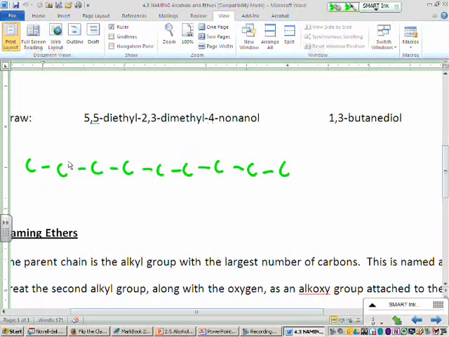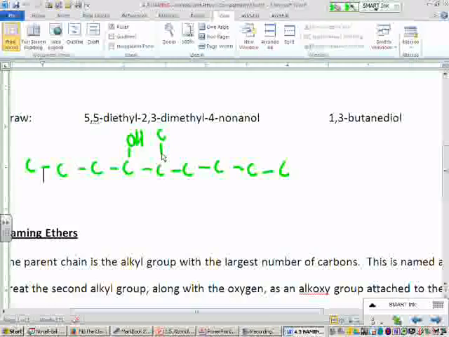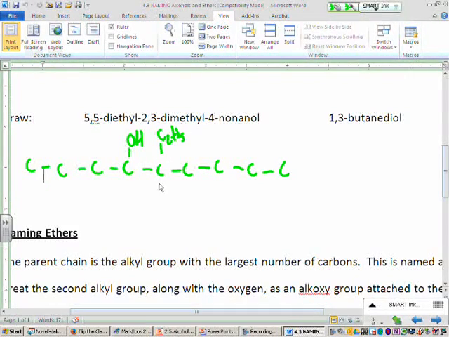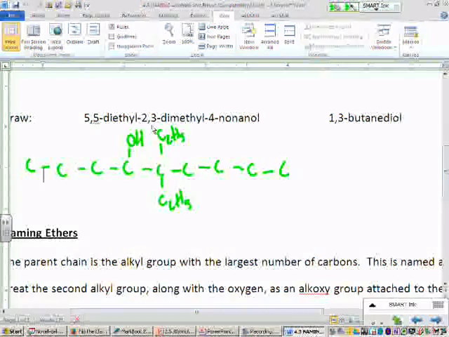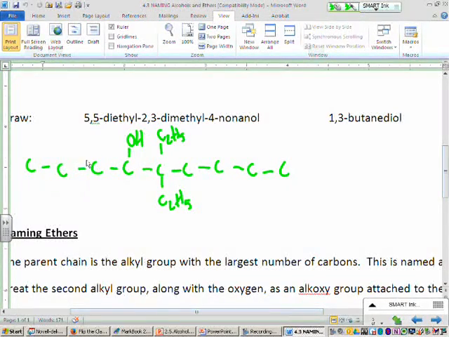And I have a 4-nonanol. 1, 2, 3, 4, which means I have an OH off of the 4th carbon. Now I've got a couple of ethyls off of the 5, 1, 2, 3, 4, 5, so I've got a C2H5, and here I've got a C2H5, and I've got 2 methyls, one in the number 2 position, CH3, and one in the number 3 position, CH3, and it doesn't matter whether they go up or down.